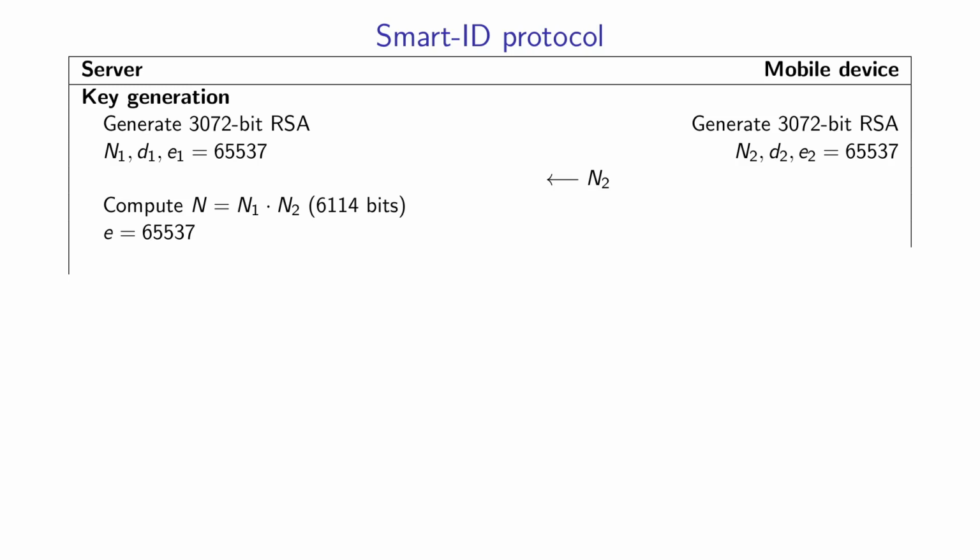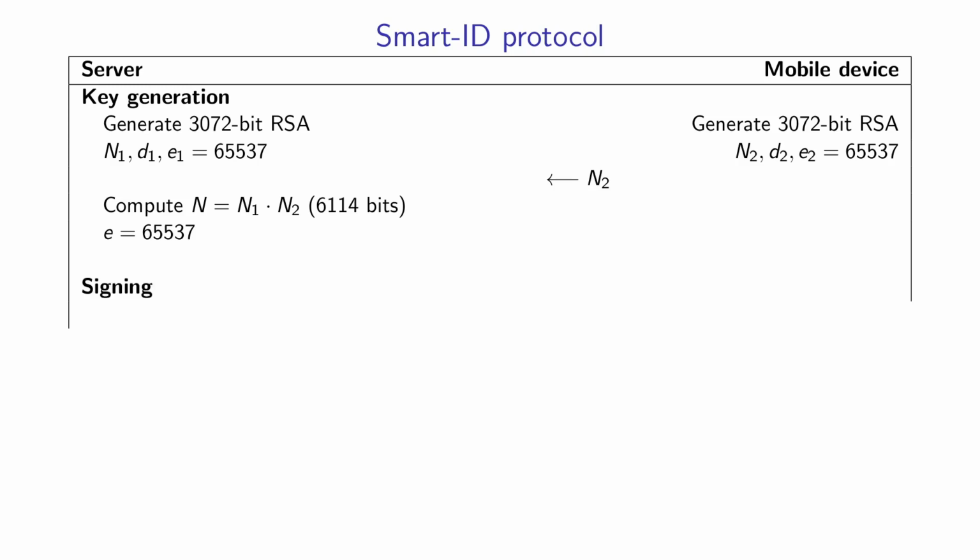For the server to compromise the private key, the server would only need to factor this mobile device's 3000-bit modulus, and vice versa, the mobile device would have to factor this server's 3000-bit RSA modulus. So from this perspective, the scheme provides 3072-bit RSA security, which is believed to provide 128-bit security level, which is good.